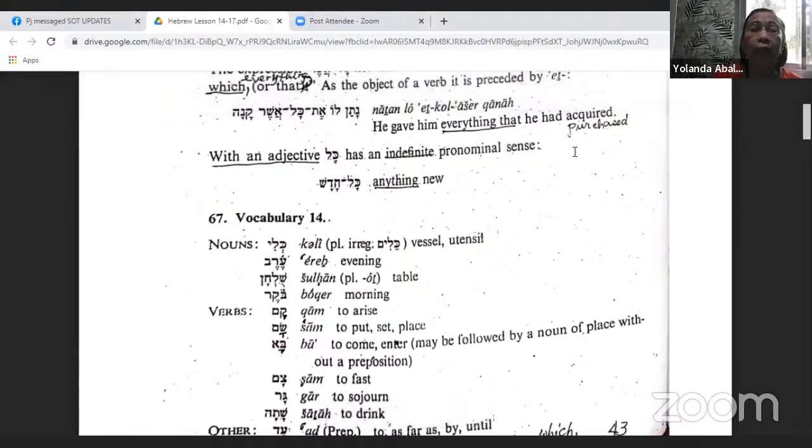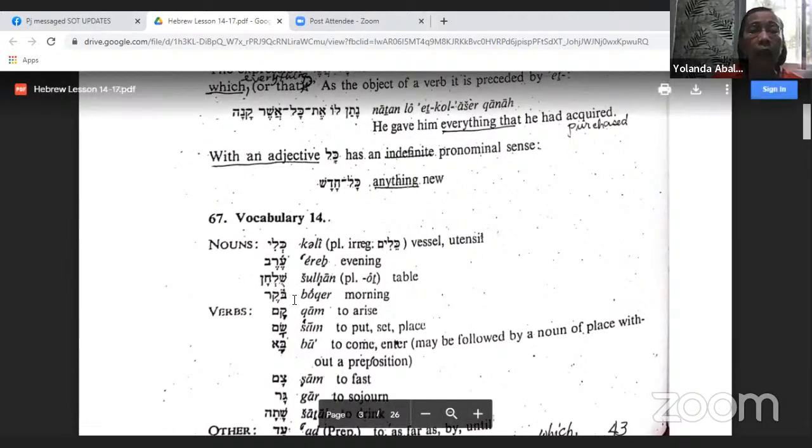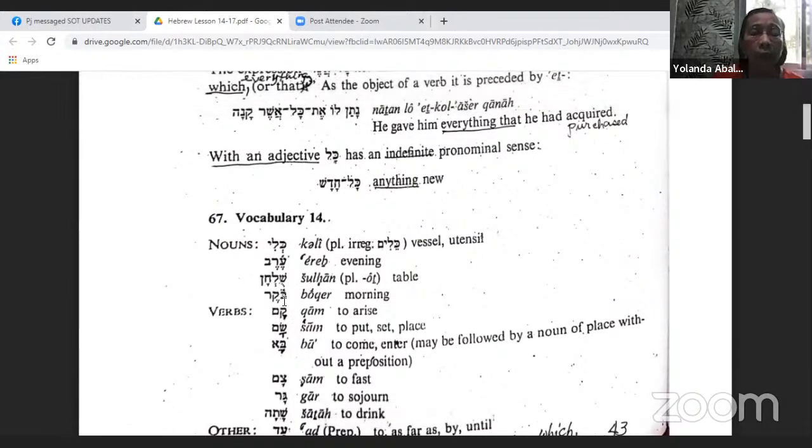Q-A-N-A-H. Kana. Then we have the word boker. B, bet with a dagesh in the center, meaning it is pronounced B. Then O, cholam above the B. Then qamets, and under it is segol, that is E. And the resh at the end, which is R. That is boker, morning.